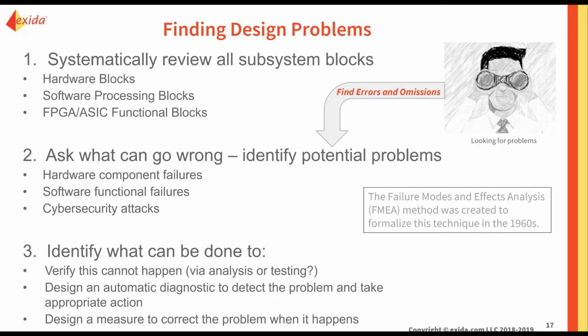And after we've identified what can go wrong in each block, we identify, if it's serious, what can be done to verify this cannot happen in a real application, or design an automatic diagnostic to detect the problem and take appropriate action. Or the third thing we could do, one or two or three, is design a measure to automatically correct the problem when it happens.